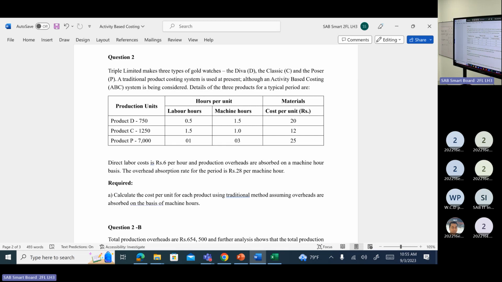Can you quickly find the cost of each product? You have the material cost per unit. The labor rate is given, so you can find the labor cost. Overhead cost is absorbed based on machine hours. So the cost per unit. Simple. Then for the same activity, we have the activity-based costing information and we work it out.